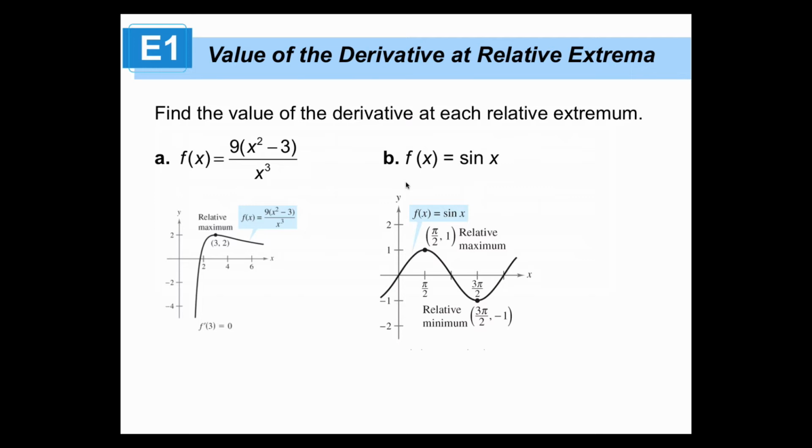Of the maximum, did you say? Yeah, put in the x value of the maximum. So in A, put in 3, and in B, put in pi over 2.